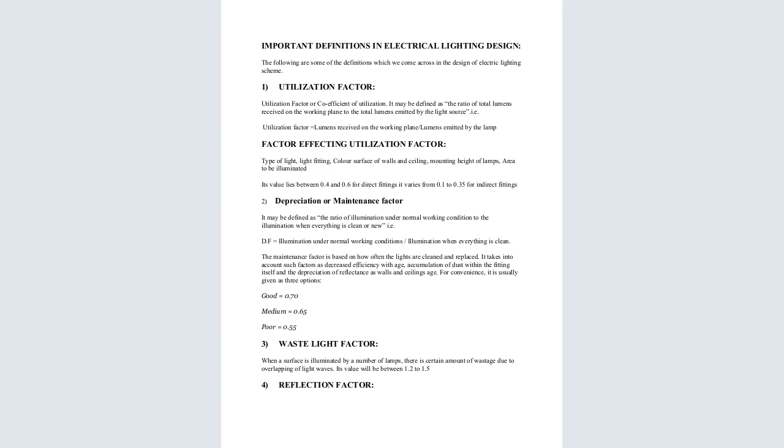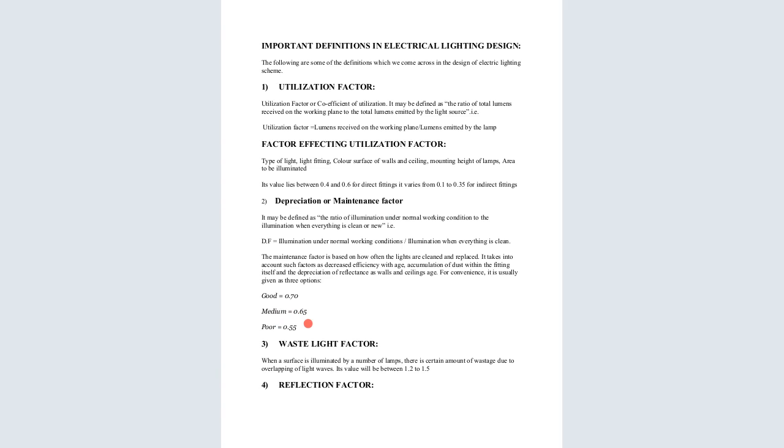For convenience, it is usually given as three options. We can have the depreciation factor as good, which is a factor of 0.7. When it is medium, it is a factor of around 0.65, and when it is poor, it is a factor of around 0.55.